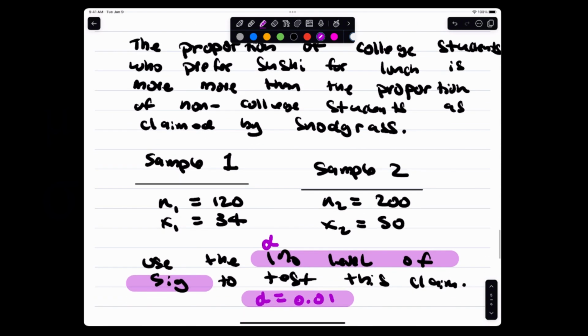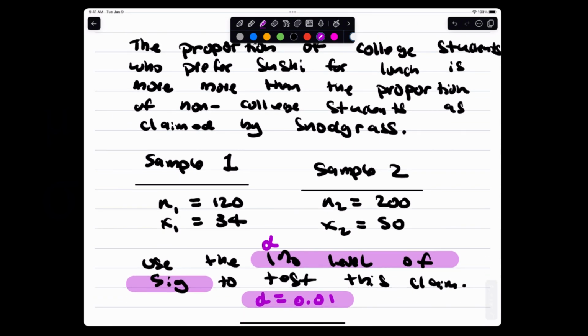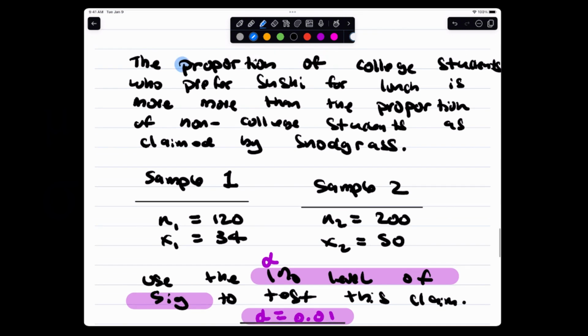All right. Okay, so we'll give you guys some time to write this stuff down. We're comparing college students versus non-college students. Maybe there's a difference. I don't know. That Snodgrass is making a claim. Proportion of who? College students, that's for your first sample, by the way.